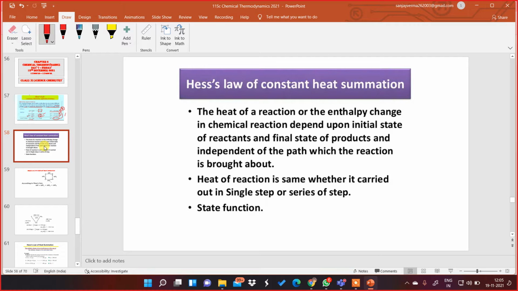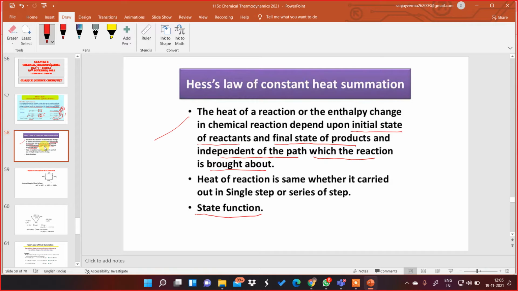Now, before proceeding to any other numericals, let us understand this Hess's law of constant heat summation properly. Remember, note that the heat of a reaction or the enthalpy change in a chemical reaction depends upon the initial state of reactants and the final state of products, and it is independent of the path by which the reaction is brought about. So it is a state function.